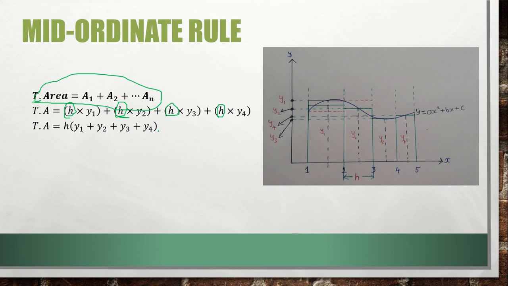So with this, we can derive the final formula that shall apply for all area approximation by use of the mid-ordinate rule, which shall basically come to h into y1 plus y2 plus dot dot dot up to yn, whereby n is the number of strips or the number of ordinates because they are equal.